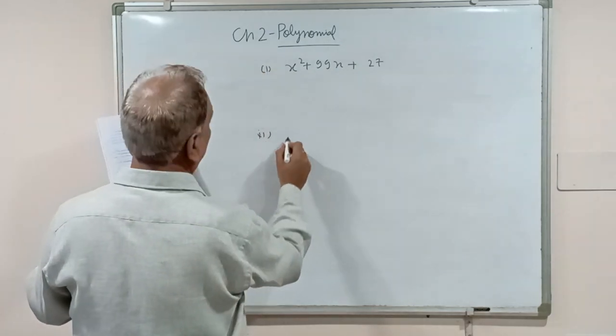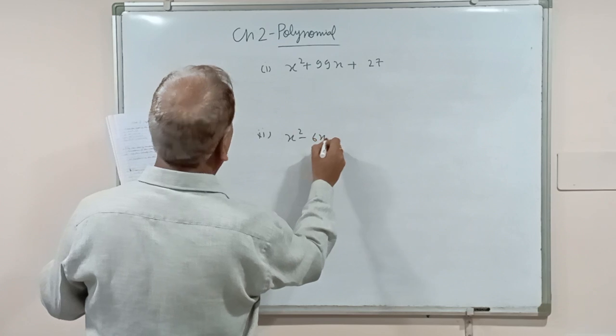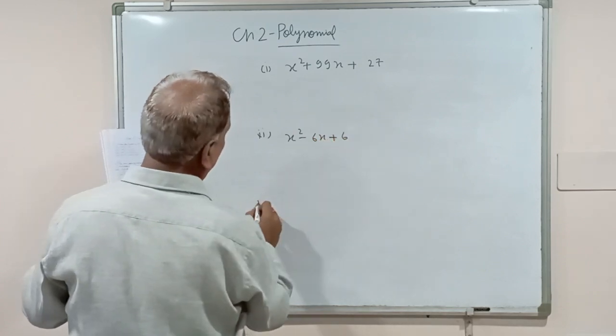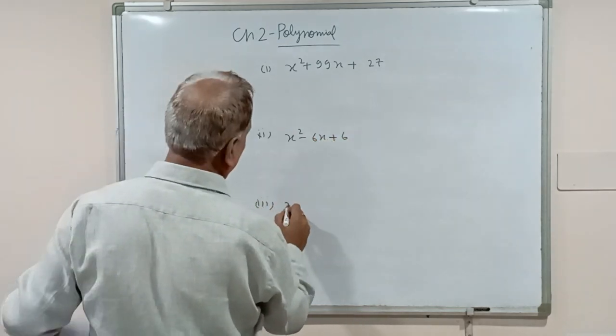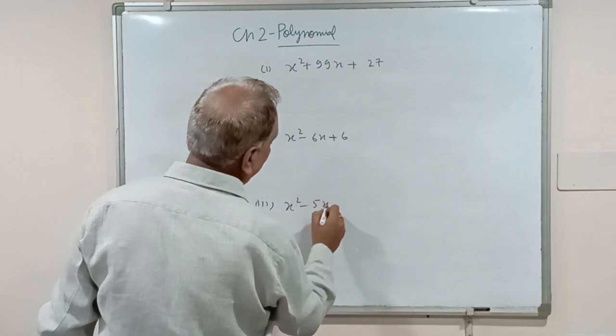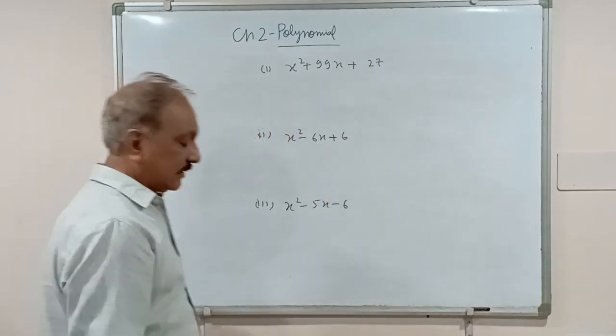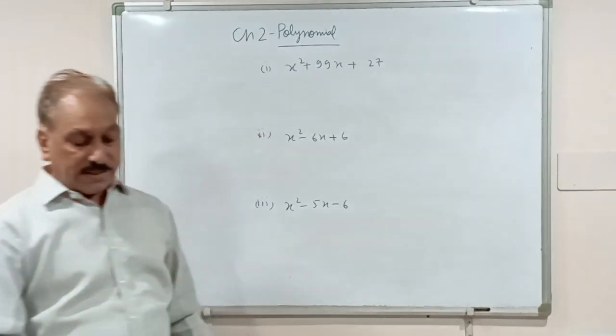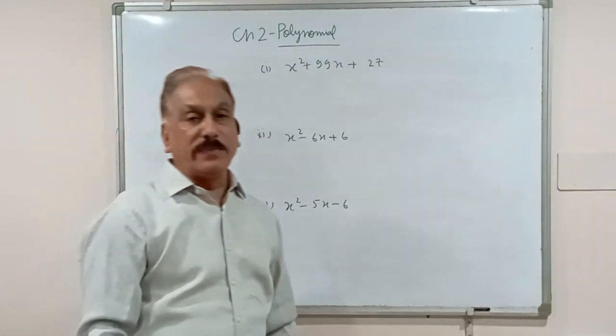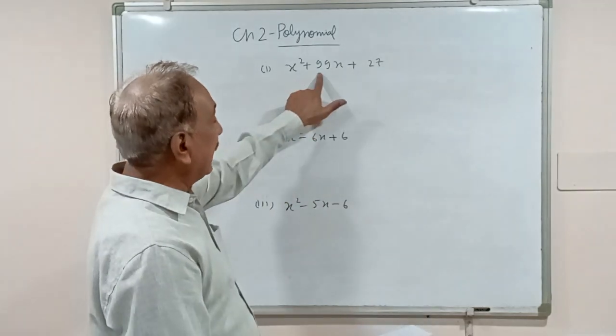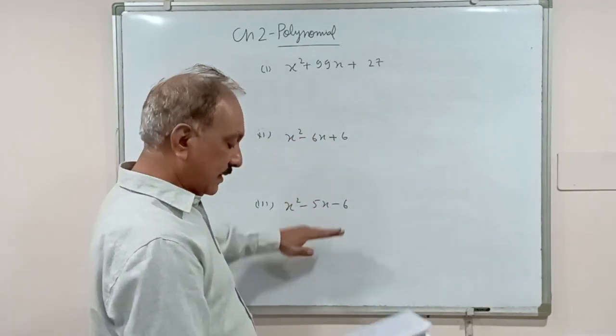Second part is x square minus 6x plus 6, and third part is x square minus 5x minus 6. These are three parts. I repeat the question. The zeros of the quadratic polynomial, this or this or this.